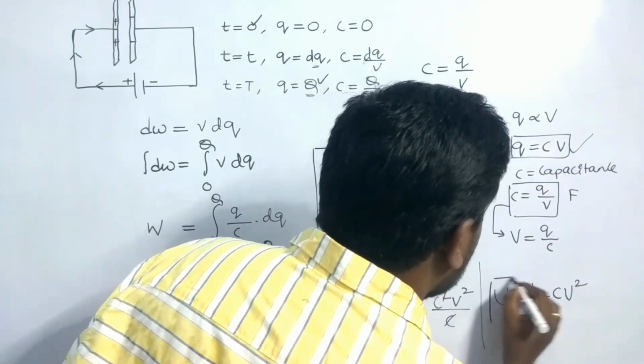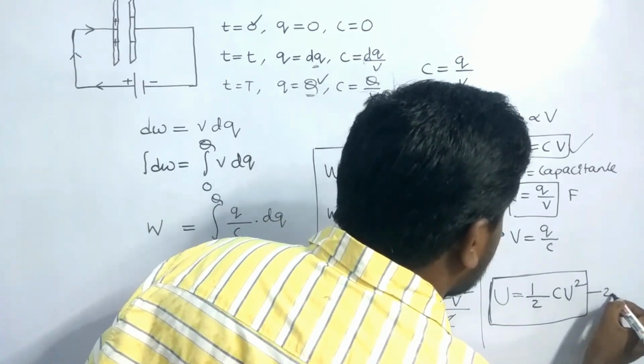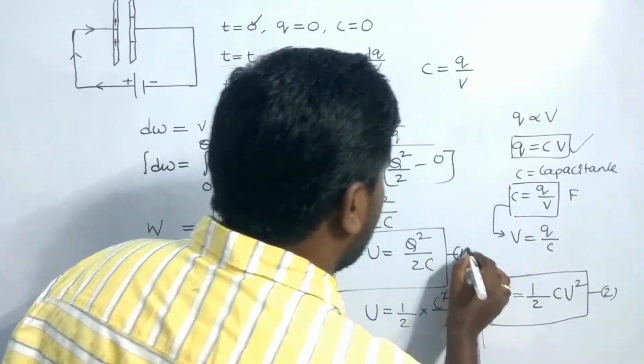So this is one more equation for the energy stored in a capacitor. This is equation 2, and this is equation 1.